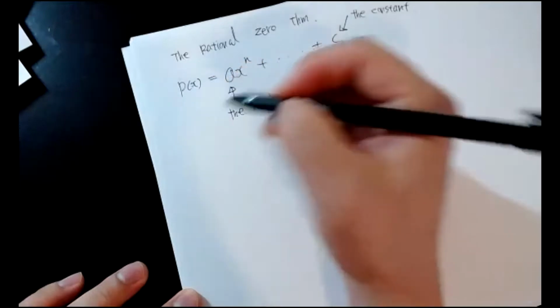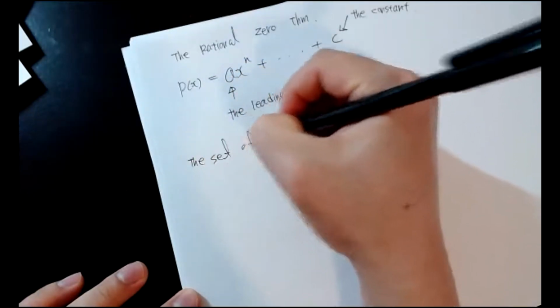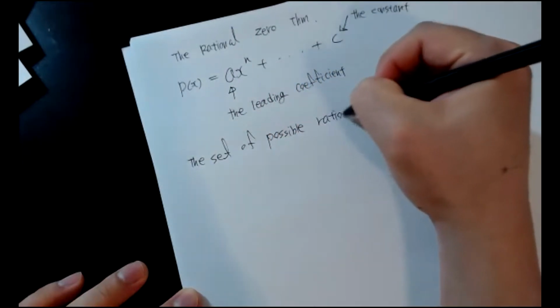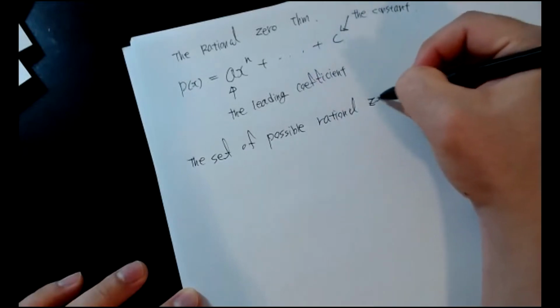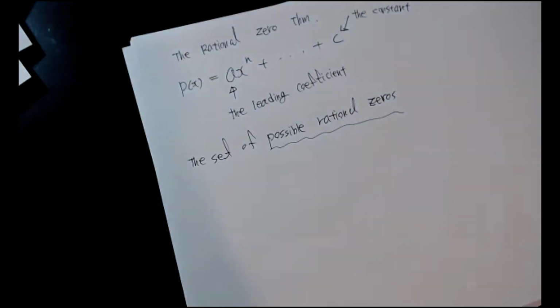But how can I find the rational zeros? First, we want to find the possible rational zeros. So what does that mean? Possible rational zero means that possibly these numbers could be zeros or not.